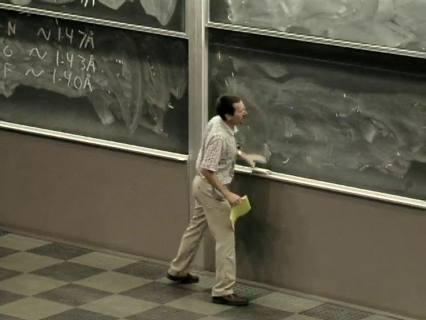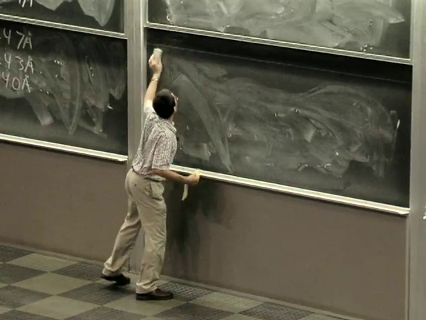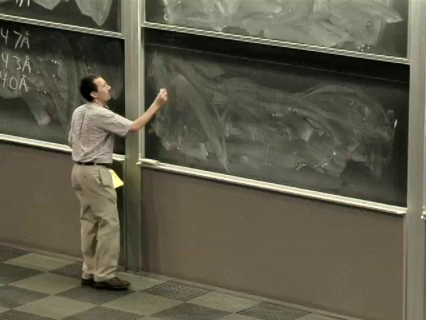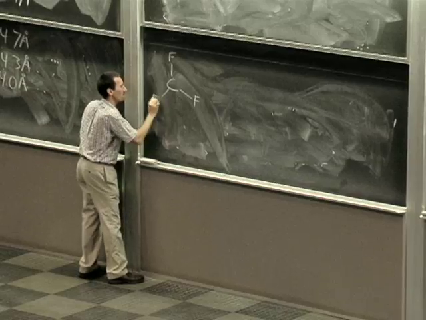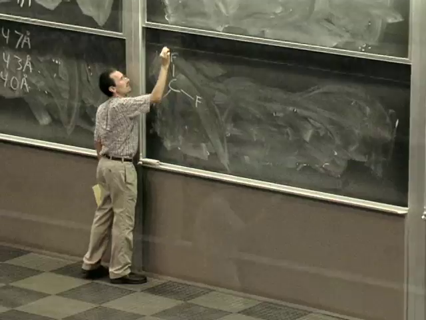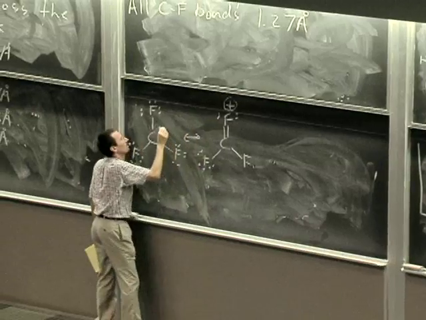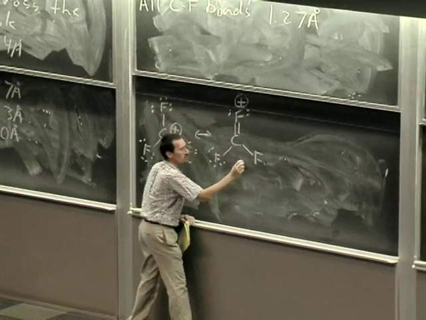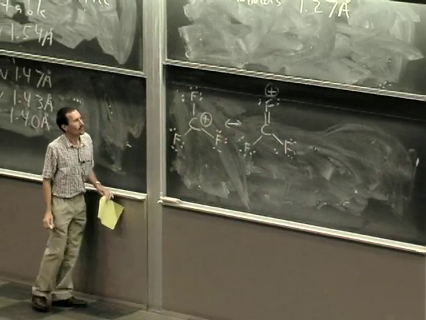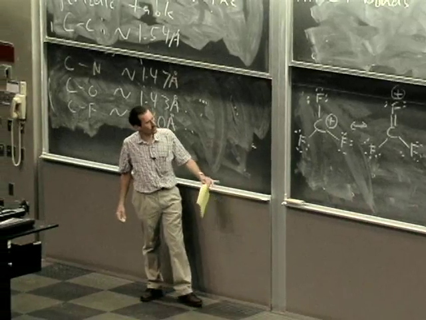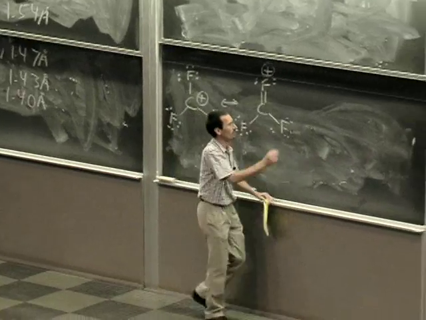Let's see if we can write some resonance structures that represent the structure of the molecule. If I put together all of my atoms and a positive charge on it, and each of the fluorines has 3 lone pairs and a single bond, I can write 2 other resonance structures just like this, except where I have double bonds to the other fluorines.